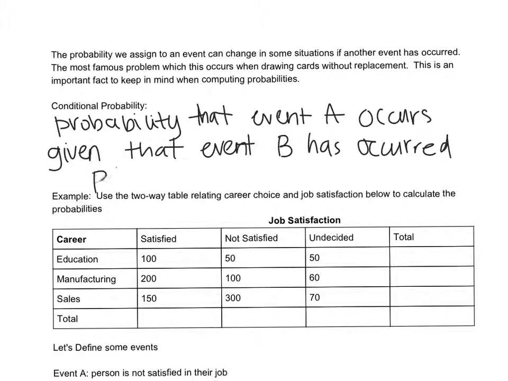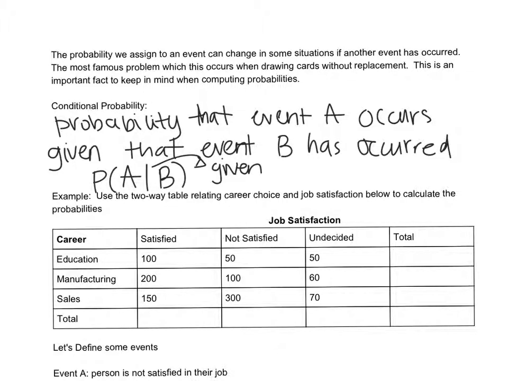The way we denote that is by a bar between them. So the probability of A given B, that bar represents given. It represents our conditional probability.